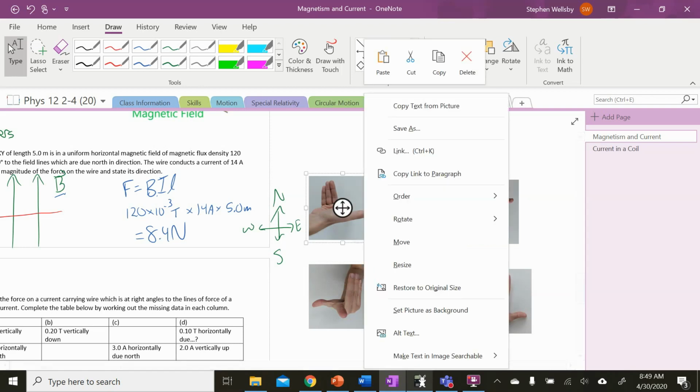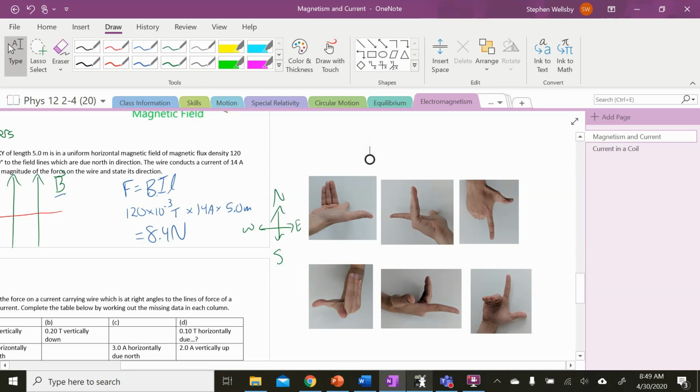So this one here, the first one, the current is pointing away from me, not to the west, but away from me. This one down here, the current is pointing towards me, again, not to the west. This one, the current is pointing to the east. And this is the only one here where the current is pointing to the west. So this is the one that matches these 2 quantities.